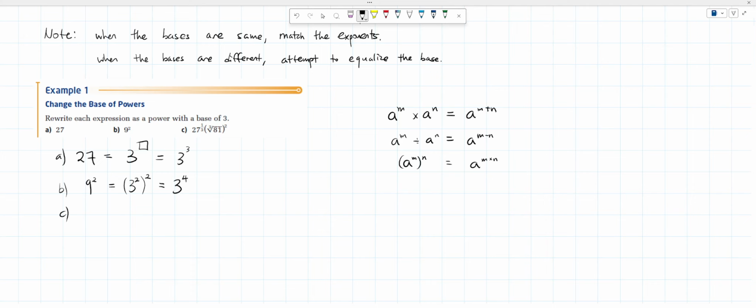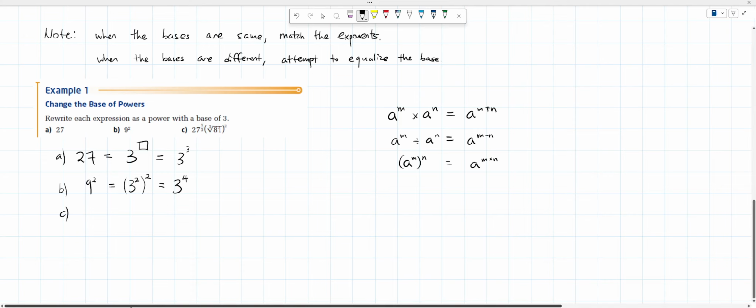Lastly, let's do part C, 27 to the power of 1 over 3 times the cube root of 81, all to the power of 2. It looks really complicated, but let's break it down into pieces. First of all, swap 27 for something else.